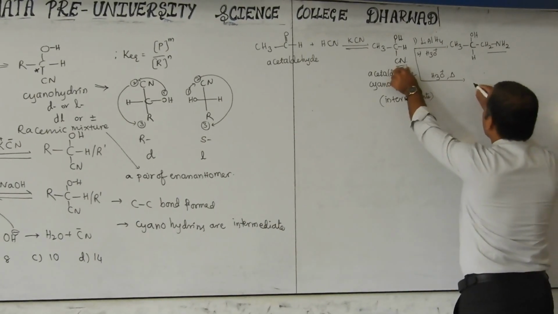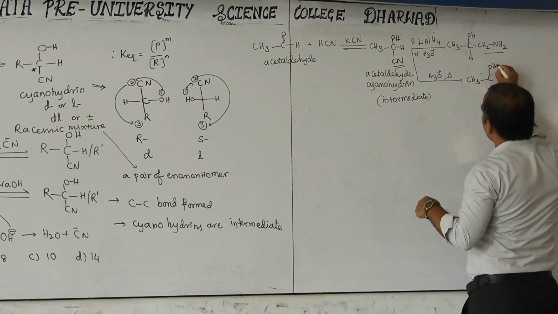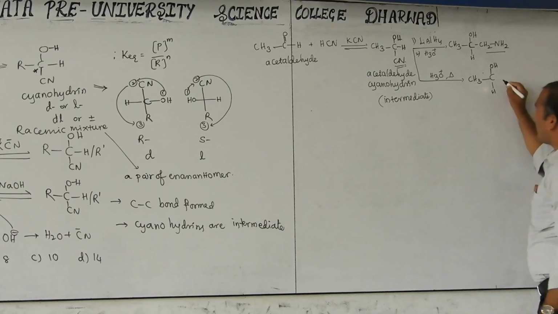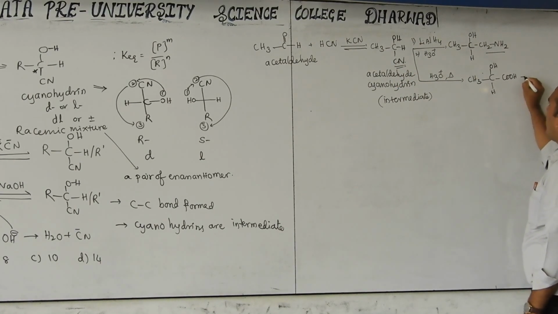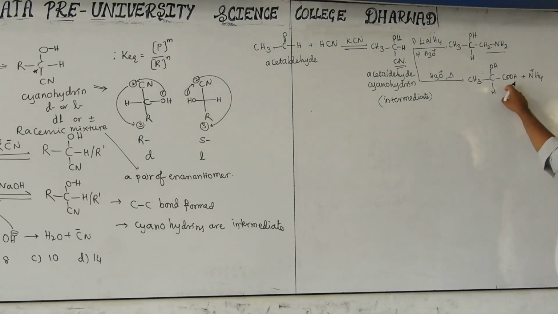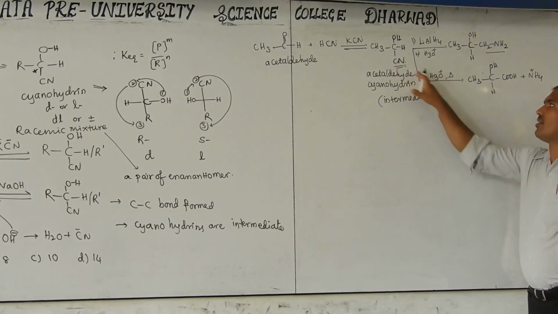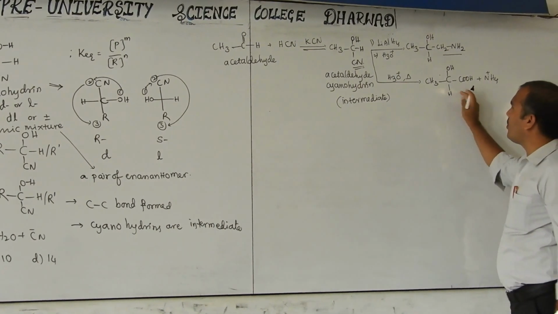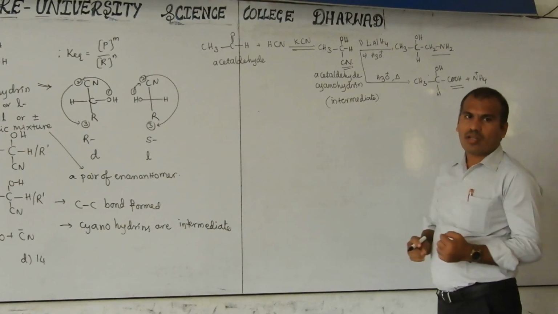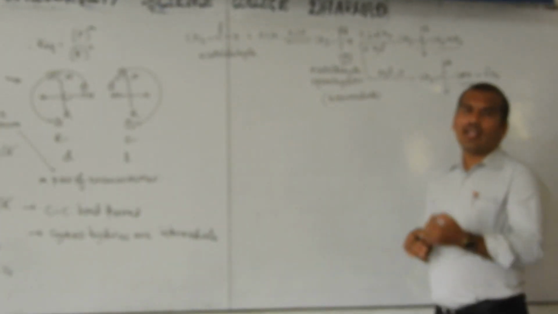Then this cyanide part is converted to COOH, with the NH4 plus form. I write OH and H here. We will learn this again in carboxylic acids. Just for remembering, on acidic or basic hydrolysis, cyanide is converted to which one? COOH, carboxylic acid. That's why these are intermediates for next products.